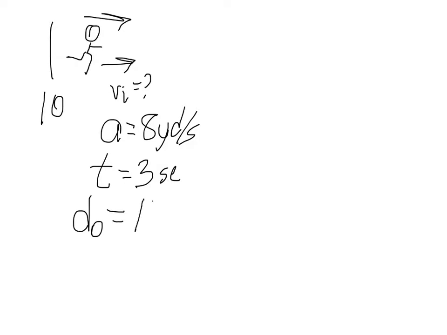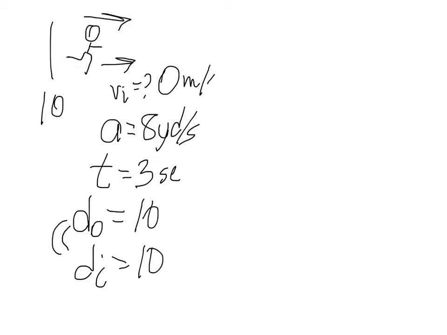So that's 10, our initial. These two are the same thing, different name. So we have an equation where we don't know initial velocity. They don't give it to us. So we're going to assume it's 0 to make the math a little easier on us.